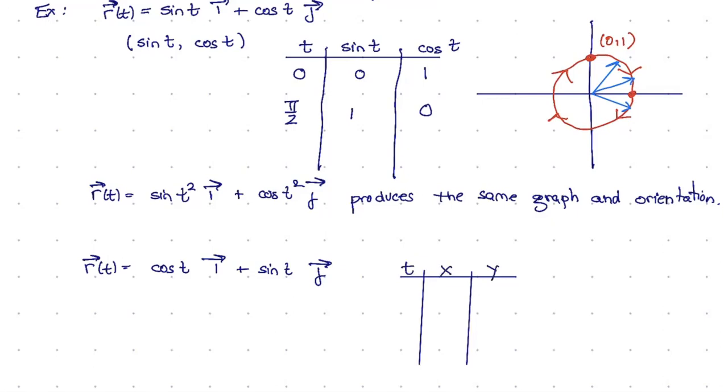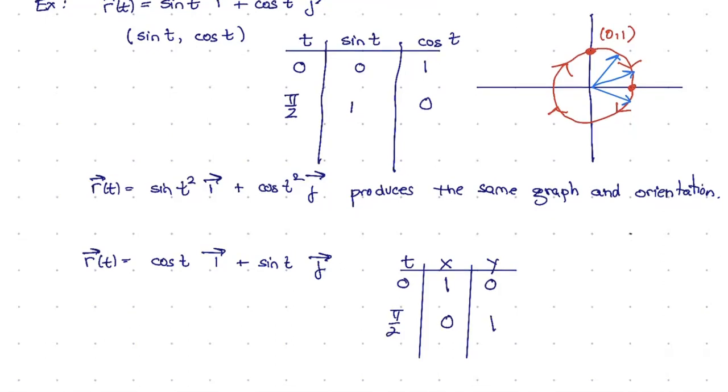Starting with t equal to 0, when I plug that in, I would get (1, 0). And if I put in pi over 2, this would shift it to (0, 1). And we know that this is going to be the graph of a circle because we have done this before in a previous class.